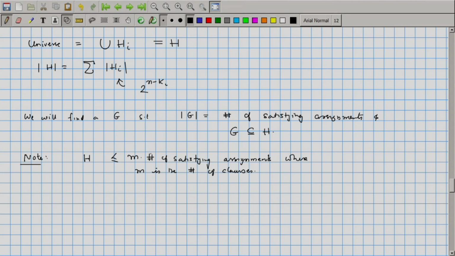Therefore, each assignment can appear at most m times, so the size of the multiset is bounded by m times the number of assignments. So, when you get the set G, whose size is equal to the number of satisfying assignments and which is a subset of H, the size of G by the size of H is going to be greater than 1 by m.